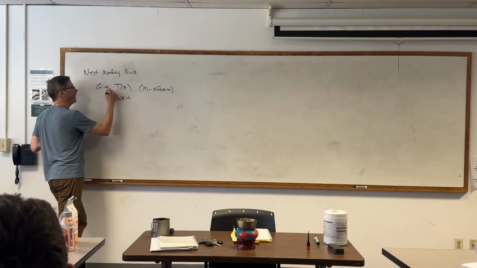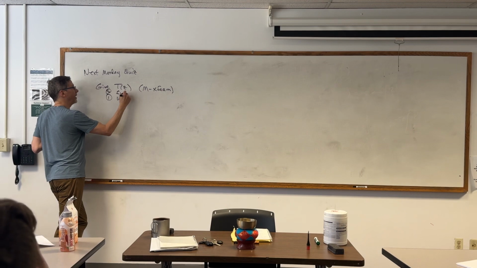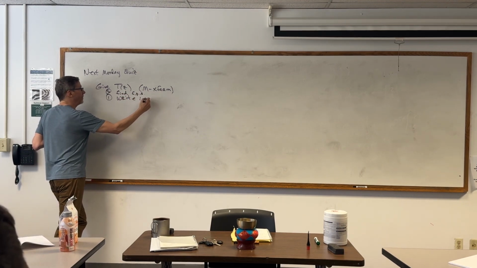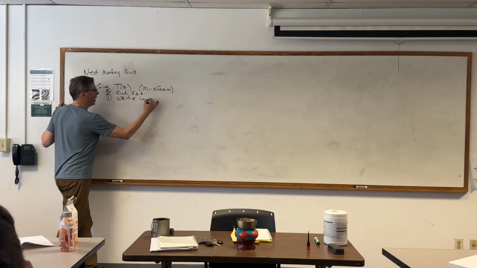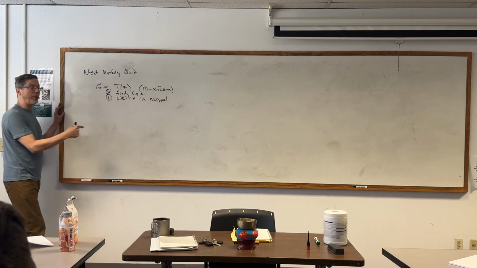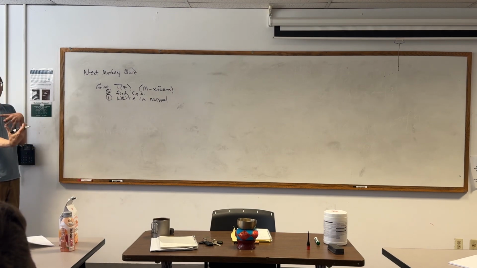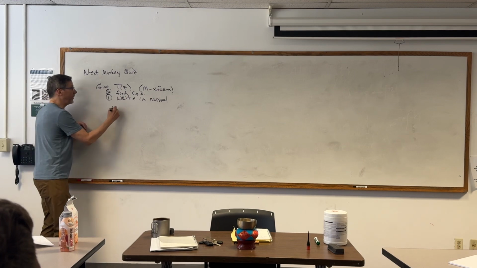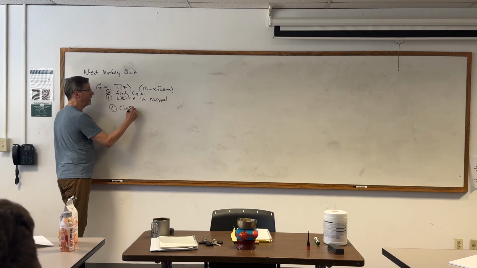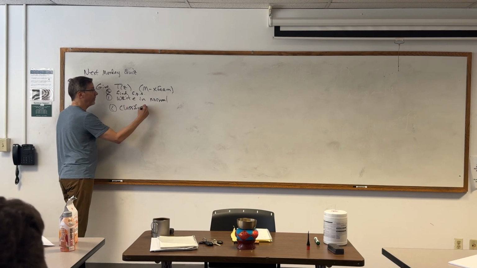Find the fixed points, step 0, find the fixed points, we can do that. Then write in normal form, which step 0 is essential to do. And this normal form will actually expose a hidden structure of the Mobius transformation. And so then step 2 is going to be classify the transform.